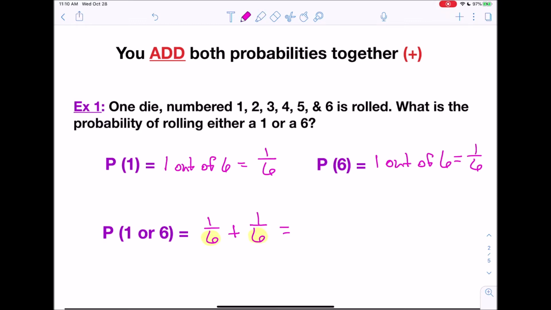And when they're the same, we can just add the numerators together. 2 out of 6 can be simplified because 2 goes into 2 and 2 goes into 6. 2 goes into 2 one time, and 2 goes into 6 three times. And we get an answer of 1/3. If you need a refresher on how to add fractions, go ahead and look up that video.